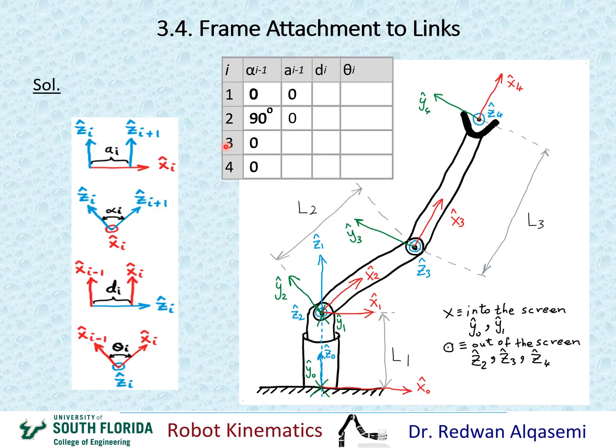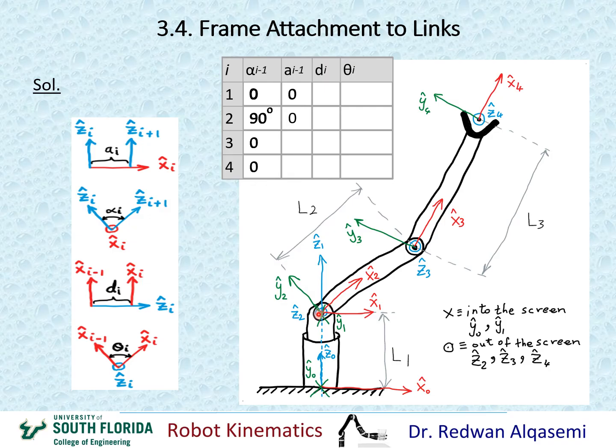Alright, now when i equals 3, I'll be looking at a(i minus 1), which means I'm looking at A2. For A2, I'll be looking at Z2 and Z3 along x2. Z2 is right here coming out of the screen, and Z3 is right here coming out of the screen.